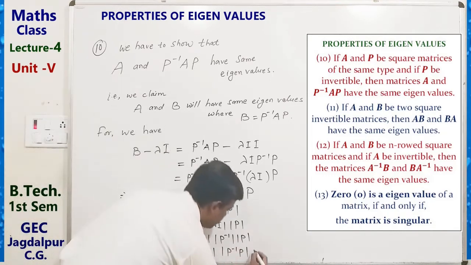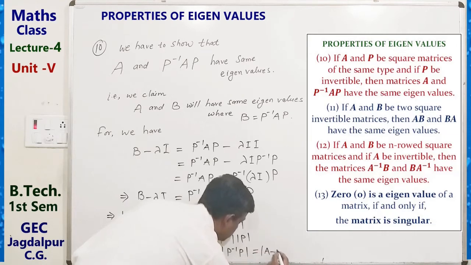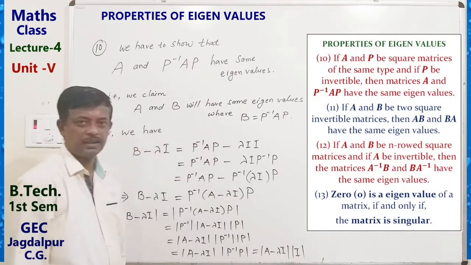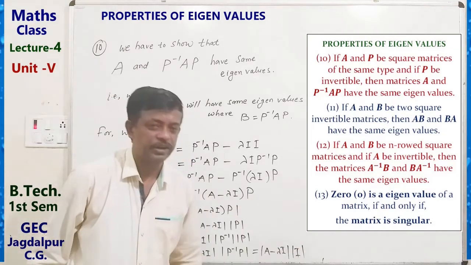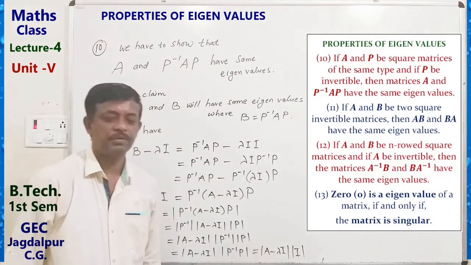So this equals what? Determinant A minus lambda I, determinant I. And we know determinant I equals 1. So A minus lambda I determinant.